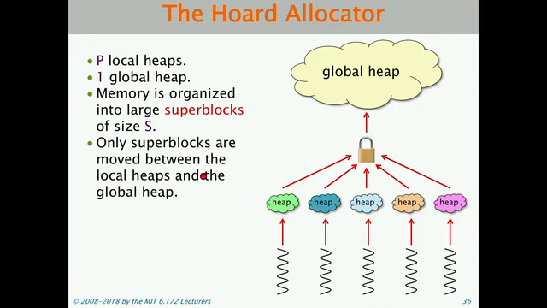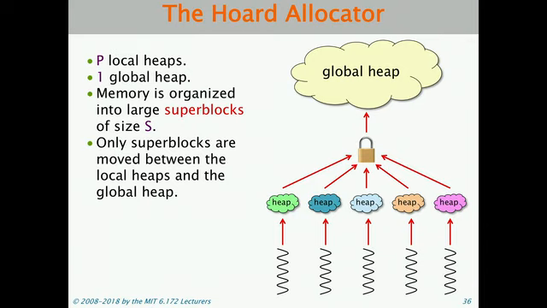And then you can move superblocks between the local heaps and the global heap. So when a local heap has a lot of superblocks that are not being fully used, then you can move it to the global heap. And when a local heap doesn't have enough memory, it can go to the global heap to get more memory. And when the global heap doesn't have any more memory, then it gets more memory from the operating system.